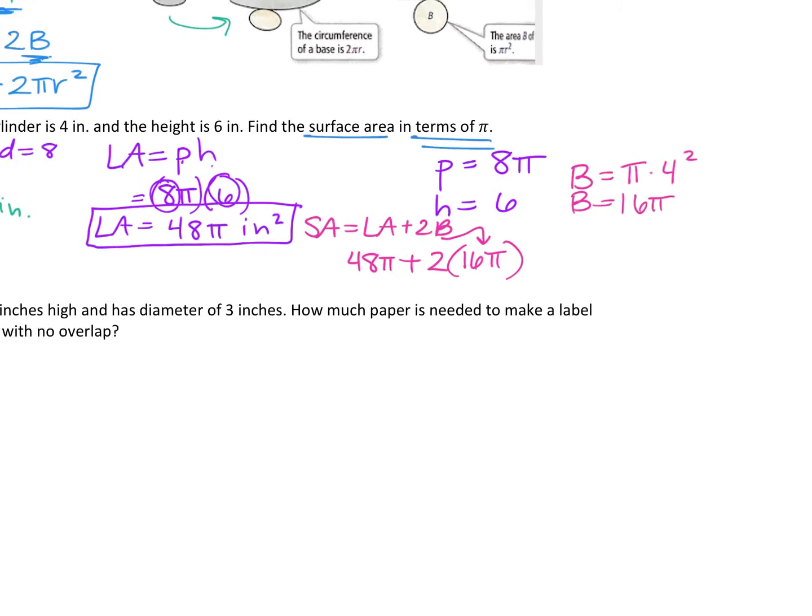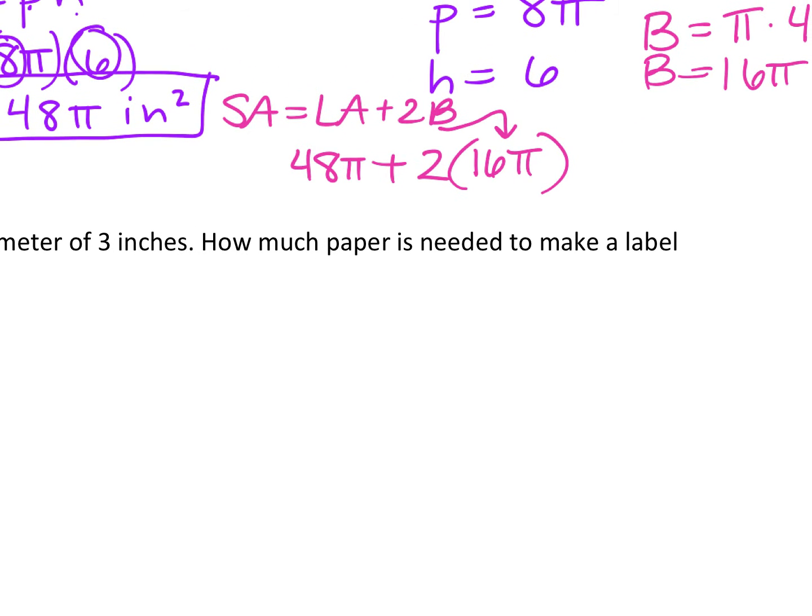Silly question, but how do you simplify that? Right, we need to multiply 2 times 16, so we have a 48 pi plus a 32 pi, and now you can simplify that to what? 80 pi. Add those 48 and 32 to 80, attach your pi, and then it is square inches.